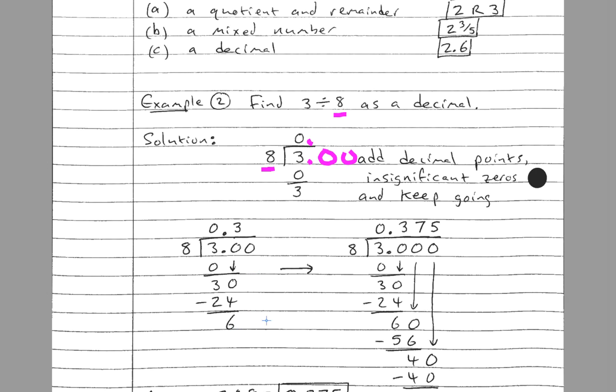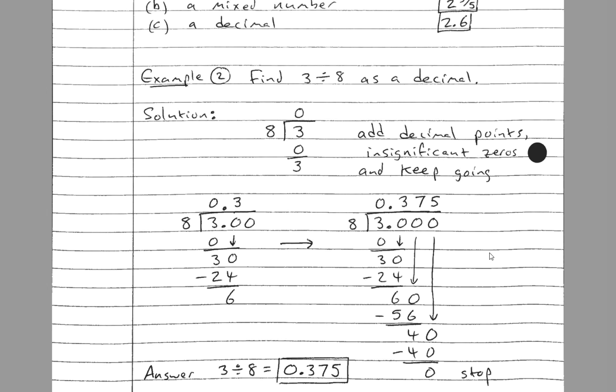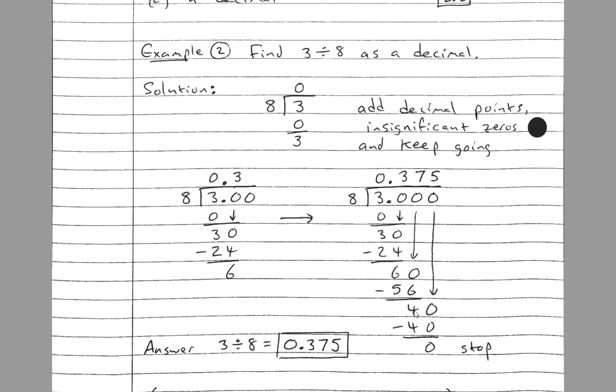We bring down another 0. 8 into 60 goes 7 times. That's 56. Subtract the 56, we get 4. Bring down one more 0. This time 8 goes into 40 evenly, 5 times. And we finally get a remainder of 0, so we can stop.